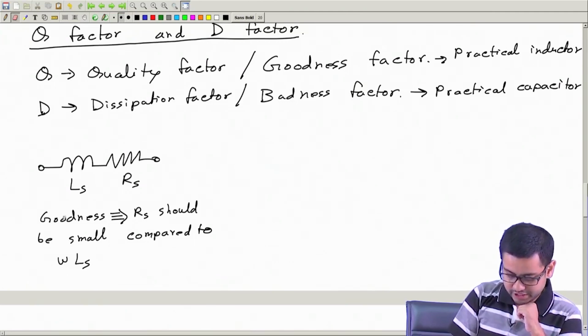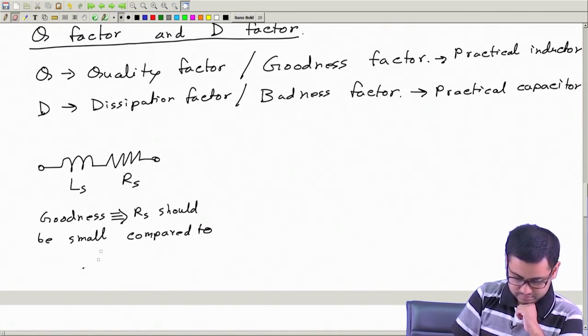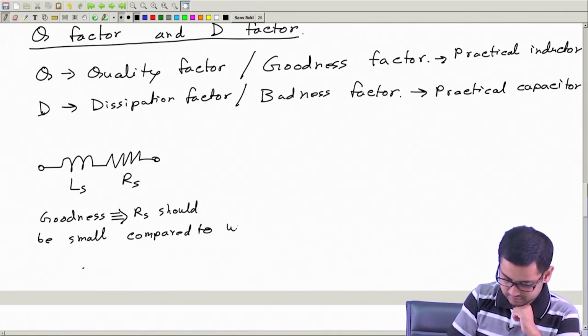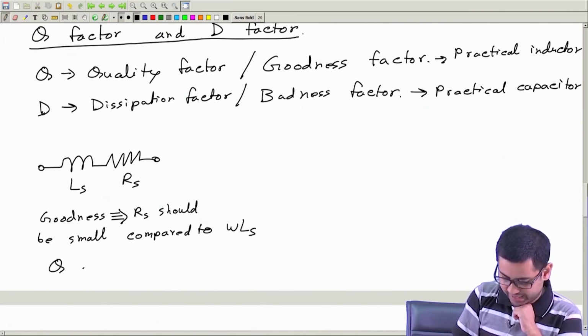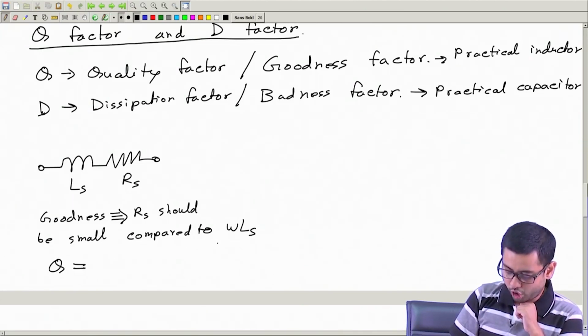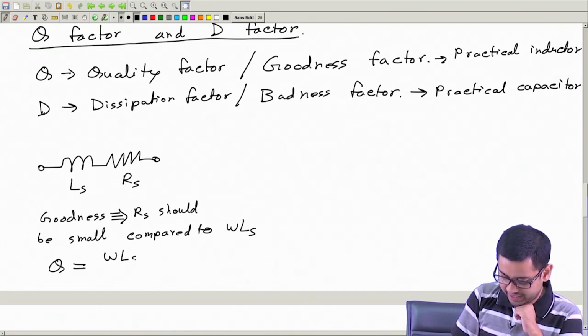Okay. So, therefore, we can write that Q factor is the ratio of omega Ls by Rs.